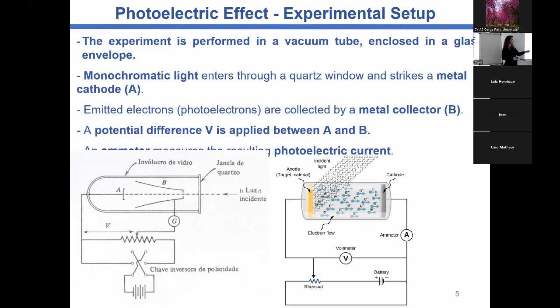So the chamber is connected with one electrical source. So it means that we can polarize the anode and cathode. So it will guide, for example, the particles that will be repelled when the light interacts with the matter.